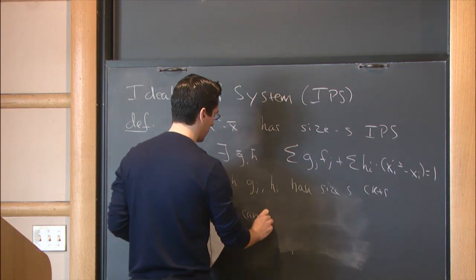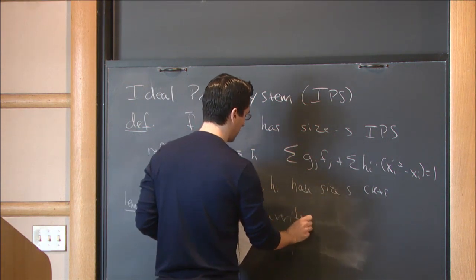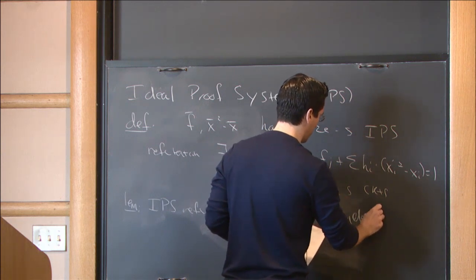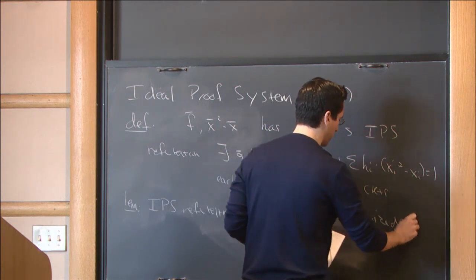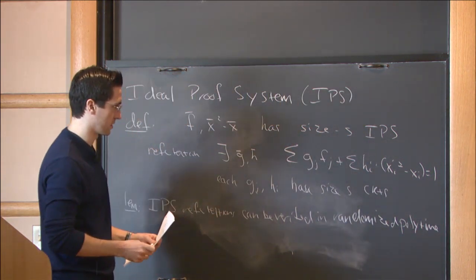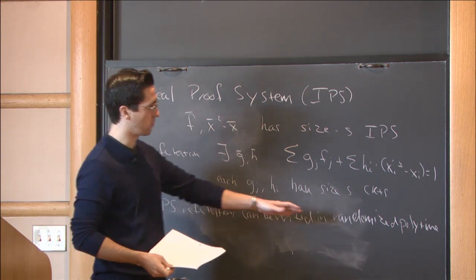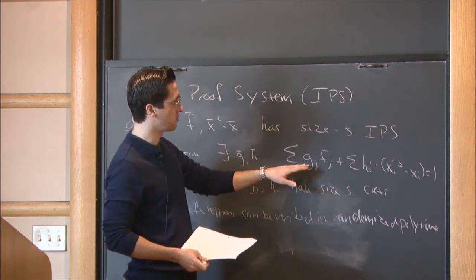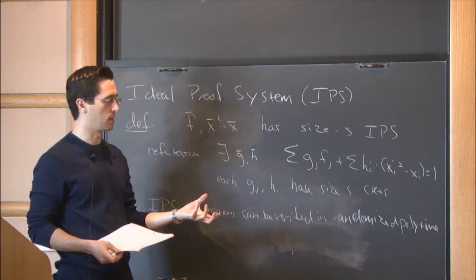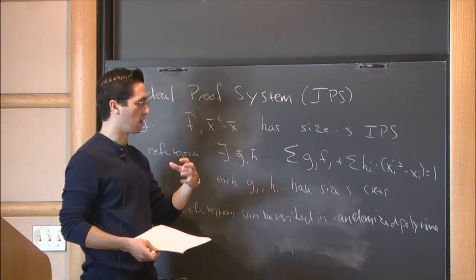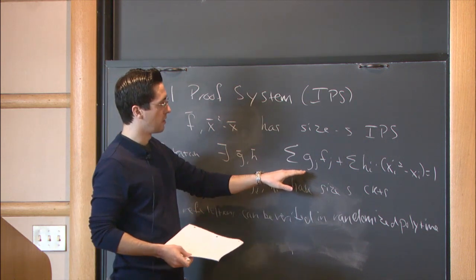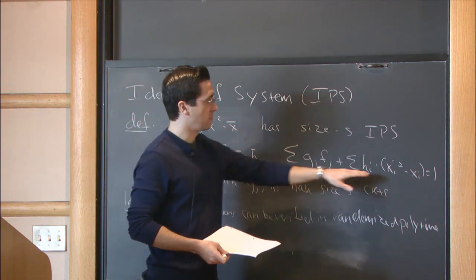Right, so the dilemma here is that IPS refutations can be verified in randomized polynomial time, which, for most practical purposes is fine, as practical as you can get in complexity theory. But the point is that why is it randomized? It's basically, if I give you these f's will typically be of constant size because they'll be maybe constant degree on constant number of variables. And if the Gj's and Hi's have small circuits, then this is some polynomial expression.